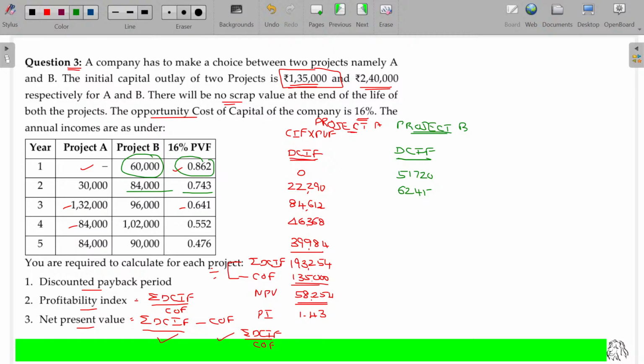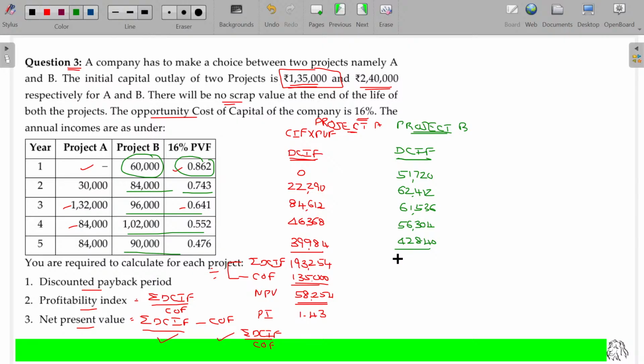Then 96,000 into its factor, 61,536. Next, 1,02,000 into its factor, the value being 56,304. The last, 90,000 into its factor, this value being 42,840.